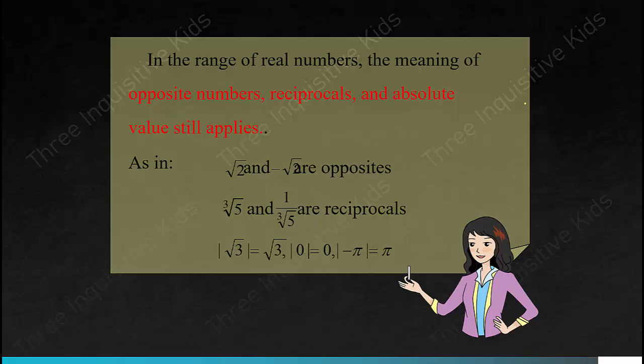So these are all real numbers, and you might be thinking, so real numbers are all numbers. Why don't we just call it numbers? Why do we have to add real? Are there not real numbers? Well, actually there is, but they're not exactly called not real numbers. They're called imaginary numbers. One of which is the square root of negative 1, and that is also equal to i. You might have heard this before.